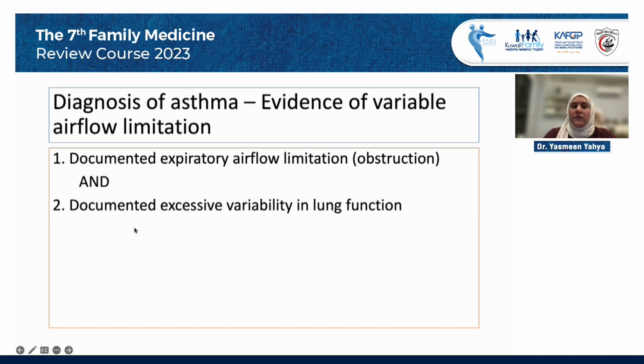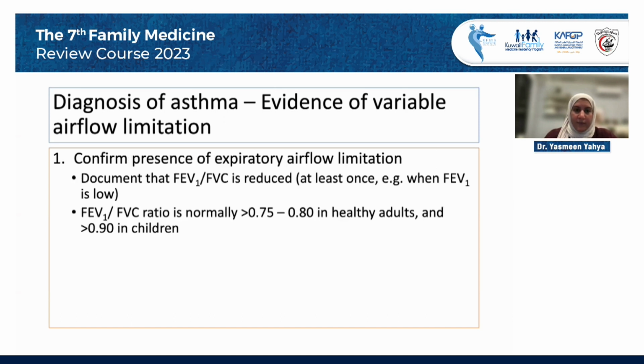And then we need to document that there is excessive variability in lung function, which we also mentioned in the spirometry, the bronchodilator responsiveness, the reversibility of the test after administering the bronchodilator.